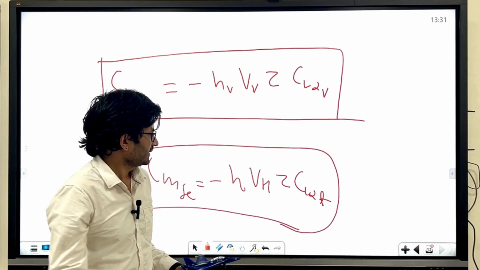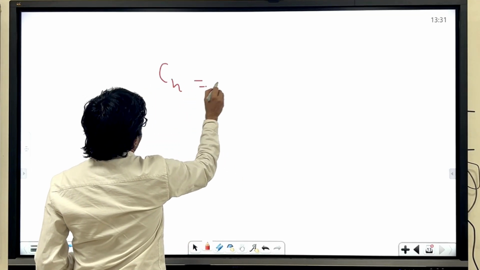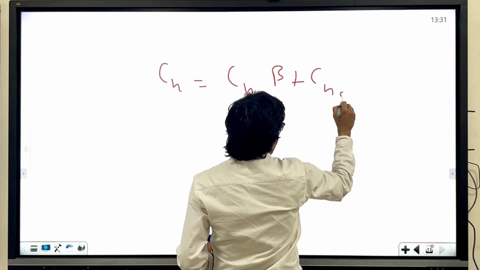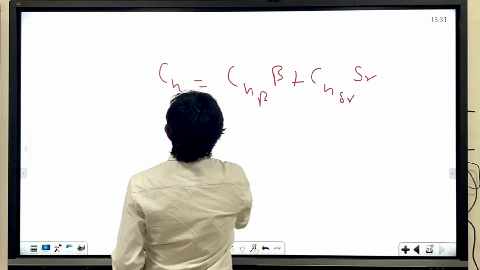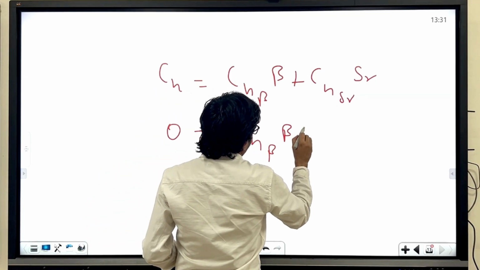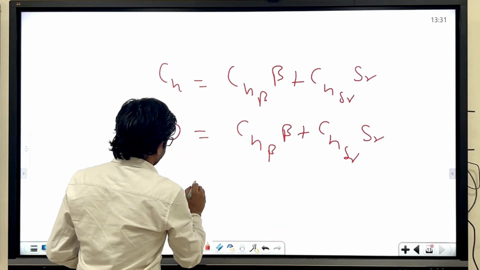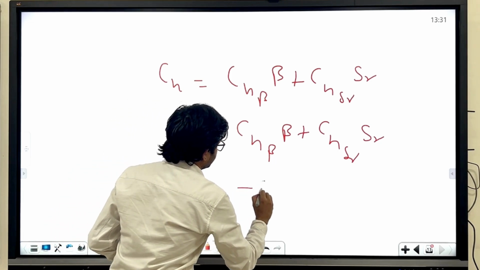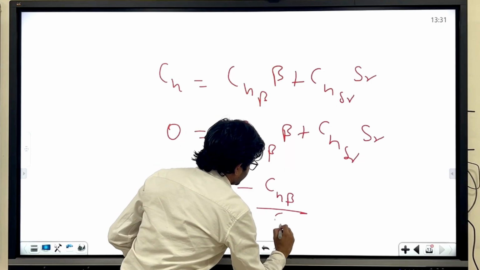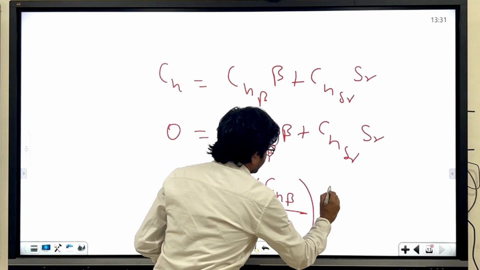Mathematically, you can write Cn equals Cn beta into beta plus Cn delta r into delta r. If you want no yawing moment, then delta r equals minus Cn beta divided by Cn delta r, into beta.